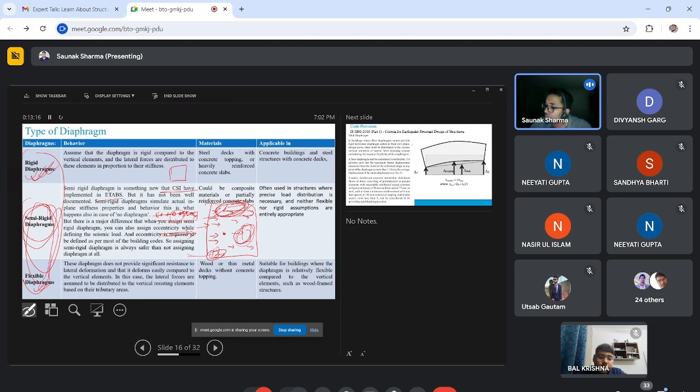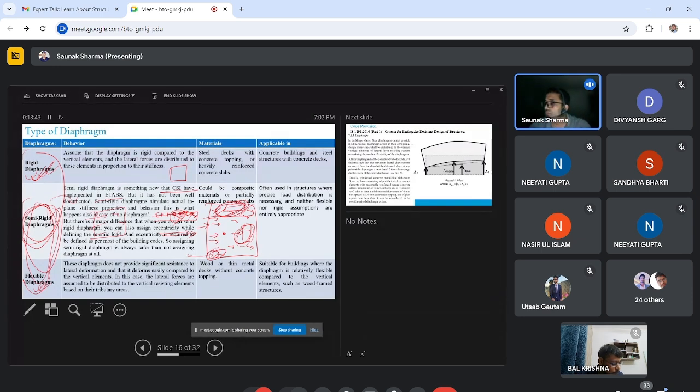So if we apply a semi-rigid diaphragm in ETABS, this accidental 5% eccentric force will be distributed towards all those points. But if we do not apply any diaphragm there, this eccentricity will be omitted. So it is recommended to always apply a semi-rigid diaphragm rather than not applying anything.